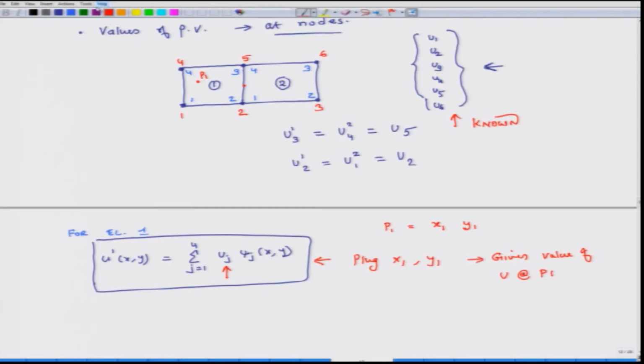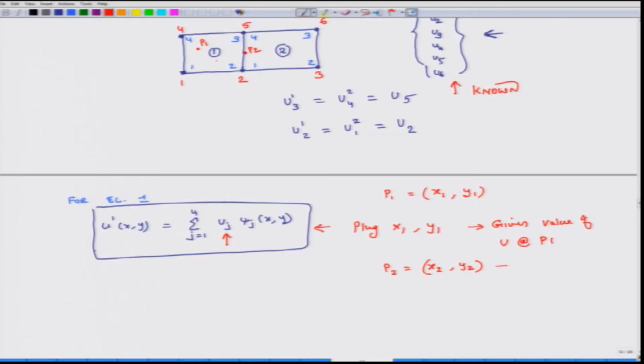Now, here is the question. Suppose there is another point P2, with coordinates x2, y2 in the global coordinate system. How do we find the displacement at point P2? Should I use element 1 or element 2, or both, and then what do I do?